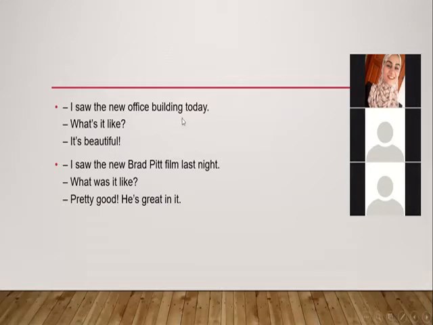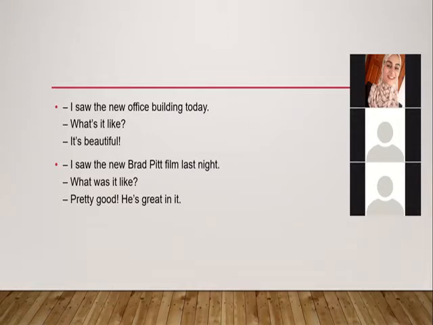Okay, I want you to look here. I saw the new office building today. What is it like? It's beautiful. We can understand from this conversation that the same expression, be like, or what is it like, or what are they like, we can also use to describe places. So here I described the office. What does the office look like?